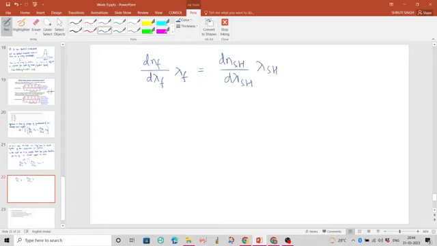Now the relation between the wavelengths of the fundamental and second harmonic is that lambda f is equal to 2 times the wavelength of the second harmonic. So you can put this condition here.